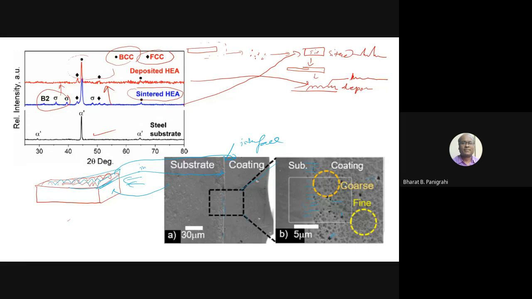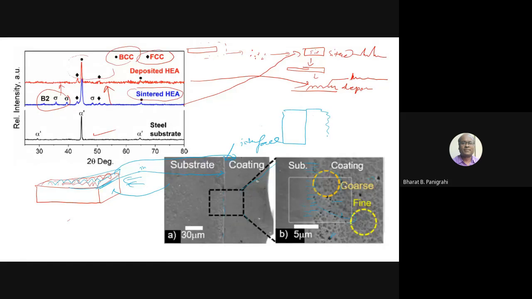We have also seen that you have two different types of microstructure built. The microstructure very close to the surface is coarser, and away from the interface you see the finer microstructure. So what it means is that you are depositing a coating layer here.